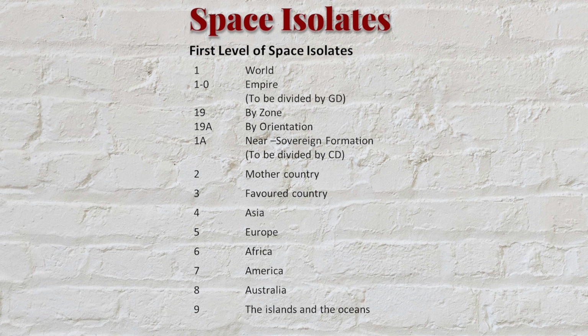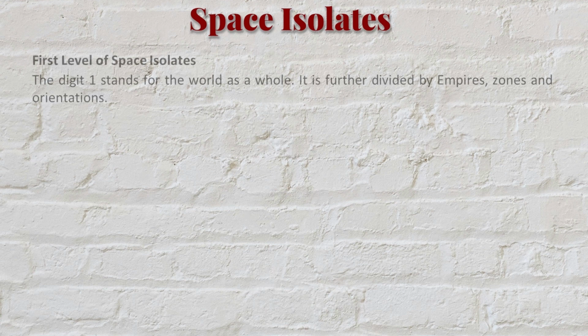And the digit 9 and its subdivision denotes the islands and the oceans. Now, the first level of space isolates. The digit 1 stands for the world as a whole. It is further divided by empires, zones and orientations.